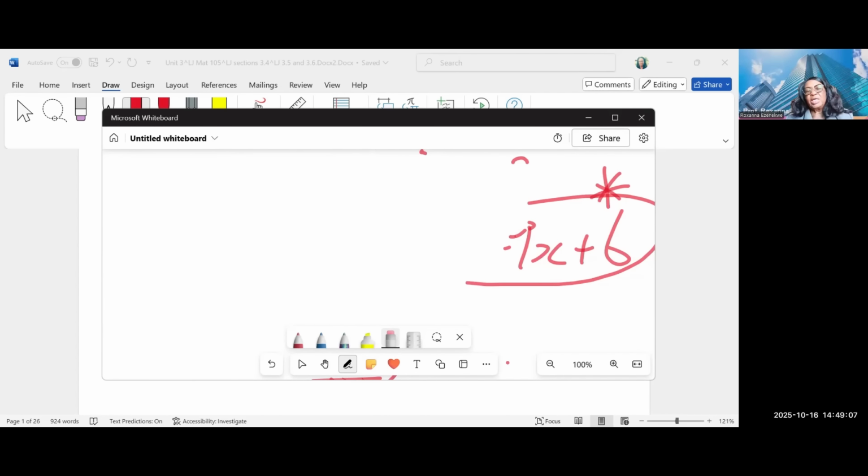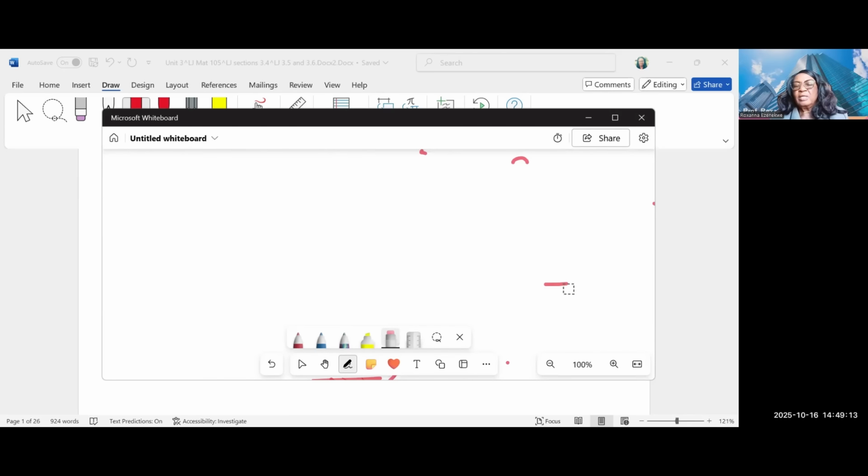Let me make sure, did this say sketch the line or just write the equation? It can actually ask you both. It can ask you both of them, but let's see. Find the equation of the line.